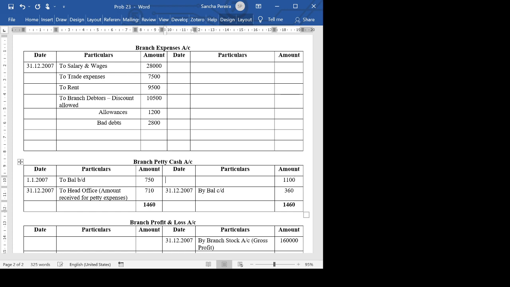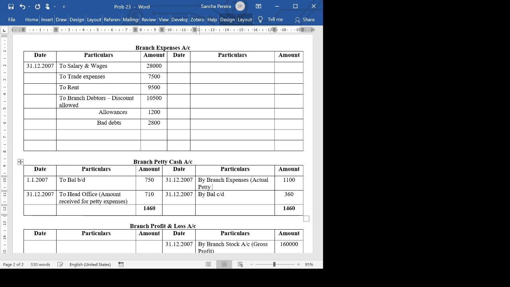So this we have as on 31st December 2007 by branch expenses, which are the actual petty expenses. And this is the balancing figure.